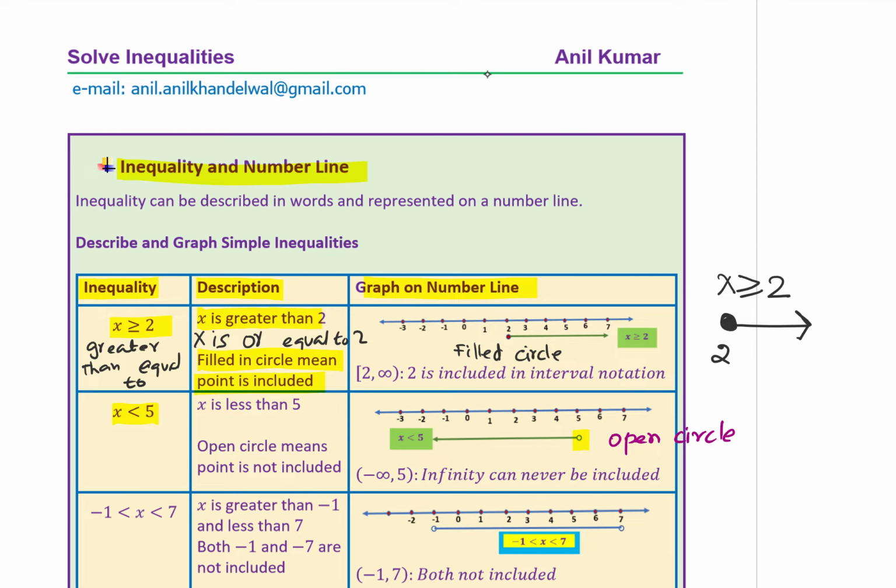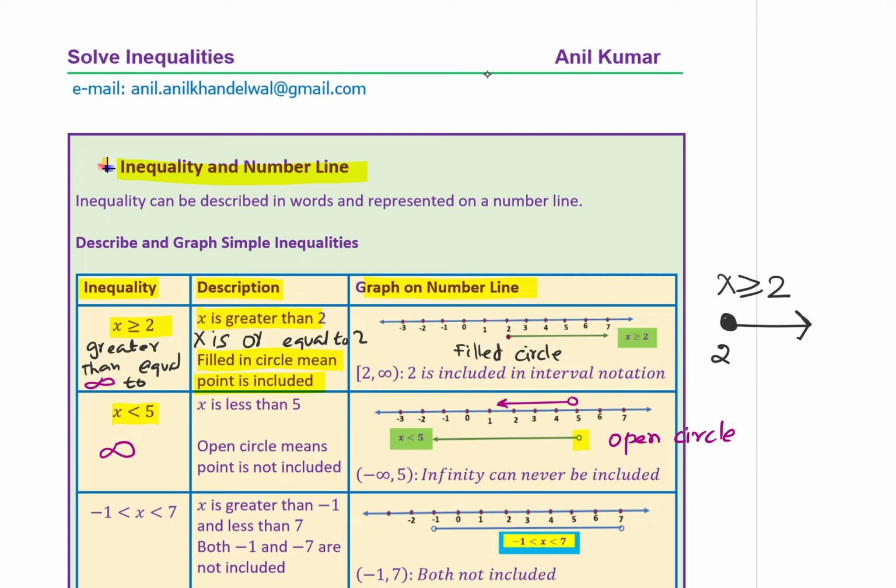And that will be represented on a number line as shown here: everything from 5 to the left of it. Now we could have a boundary on both sides. Those two will show infinite solutions, going up to infinity.